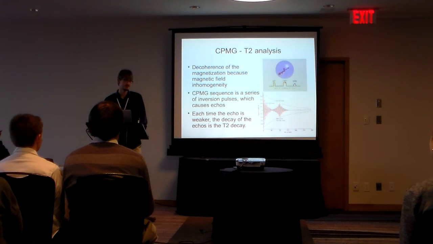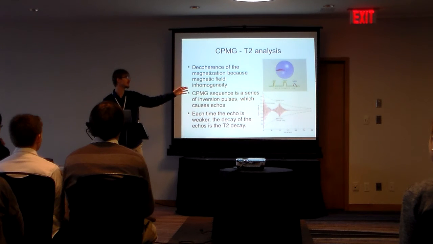The decoherence happens because the magnetic field is not uniform, and as we know, frequency is related directly to magnetic field. But 180-degree pulses turn every single magnetization vector. So essentially what we do is we flip the magnetization from being a positive z direction to being negative z direction. So the decoherence is actually in the opposite direction.